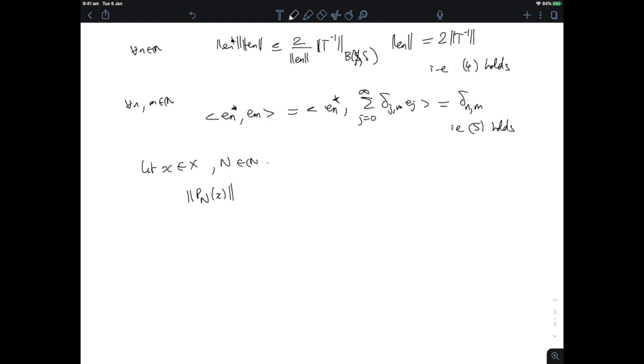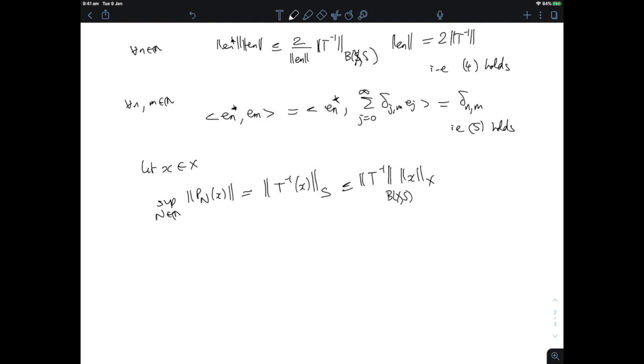If I take the supremum over all n, then I get literally the norm of t minus 1 of x in S. That's the way the norm in S was defined. So this is certainly smaller than the norm of t minus 1 times the norm of x as a bounded linear map from X to S.